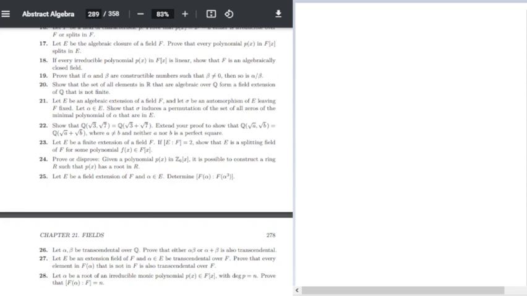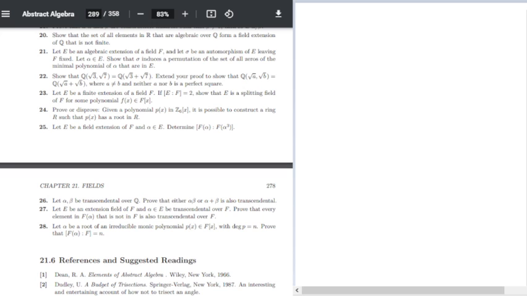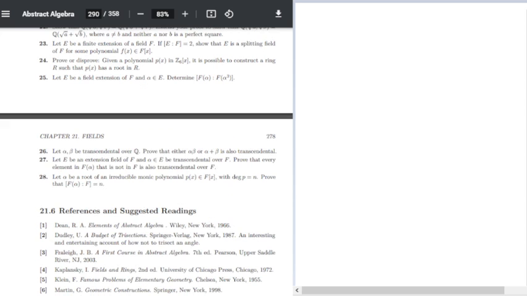This just ain't for me. Because when we get to Galois theory, there are many more specific examples. It sadly does fall into a lot of that computation based stuff, which I don't really vibe with that much. But anyways, what I'll do is, okay, let alpha and beta be transcendental over Q. Prove that either alpha beta or alpha plus beta is also transcendental.